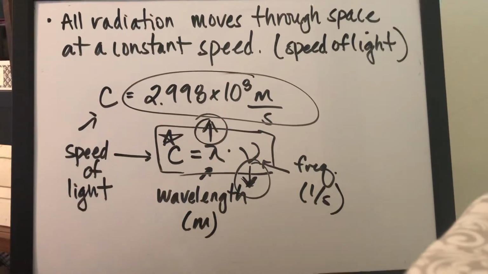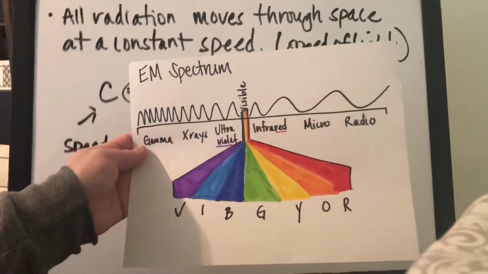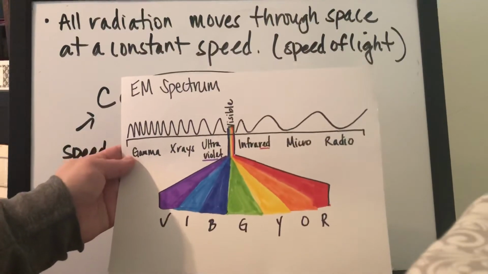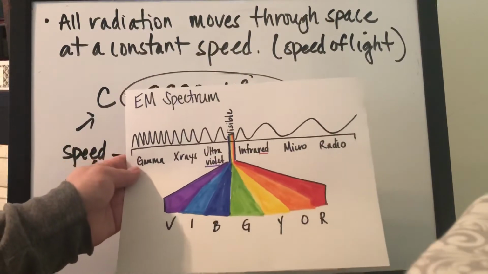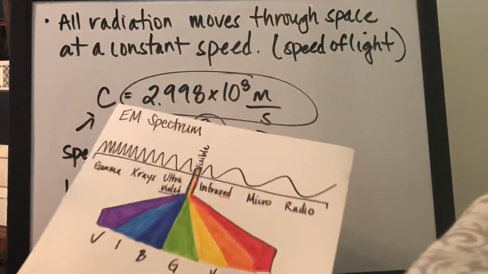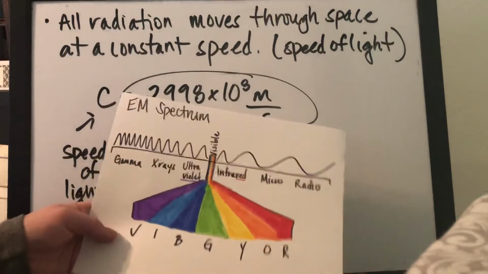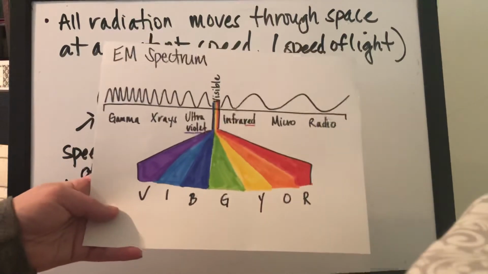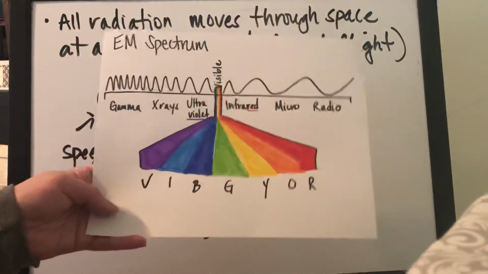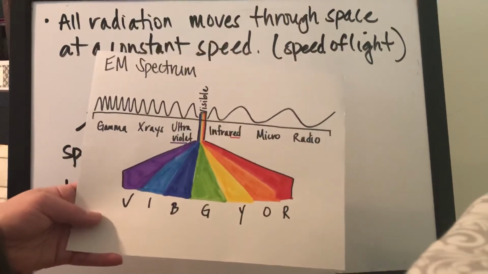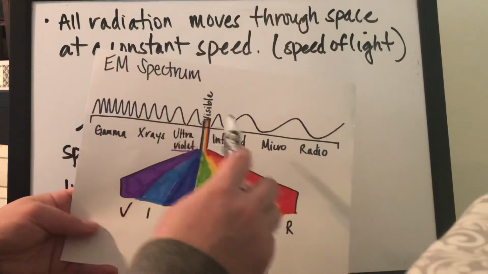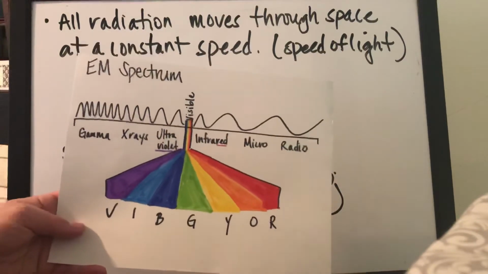However, all these types of waves, while they have different wavelengths and frequencies, they all travel through space at the same speed. So if we go back to our picture, our spectrum, whether it's on your note paper or if you've drawn one, if you look at the wave that I drew in here, we can label a couple things on our picture.